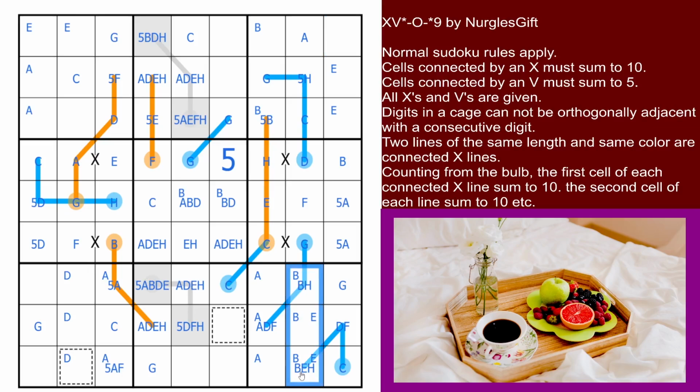B is here. H has to be here, right? I don't see any H here. That was so simple. So H has to be here, right? In this column, none of this is H. H has to be here.